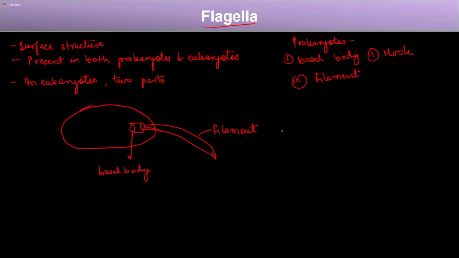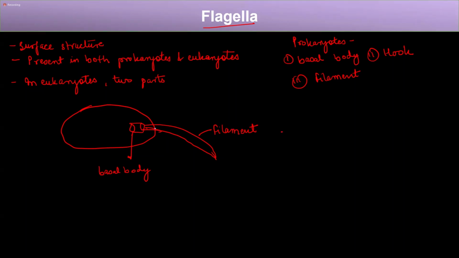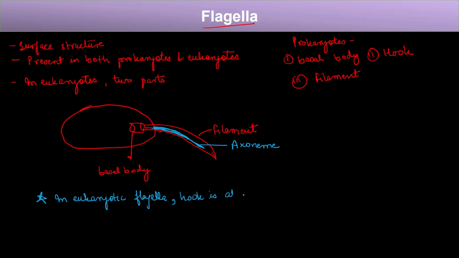So the flagella has two parts in the case of eukaryotic cells, and in the filament section of this flagella also, they have this structure. This is again known as axoneme, and this is again made up of microtubules. So what we saw is that in eukaryotic flagella, hook is not present. Hook is absent. It has only two parts, basal body and filament.